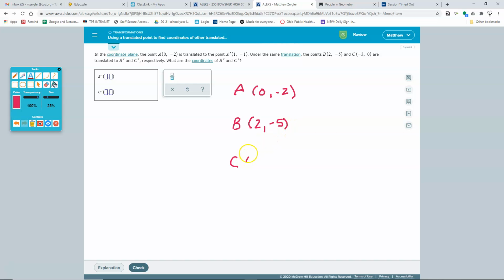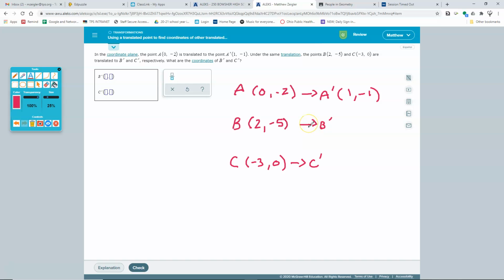And C is (-3, 0). And A has been moved to A prime, which is the point (1, -1). And we're supposed to figure out what B prime and C prime are.